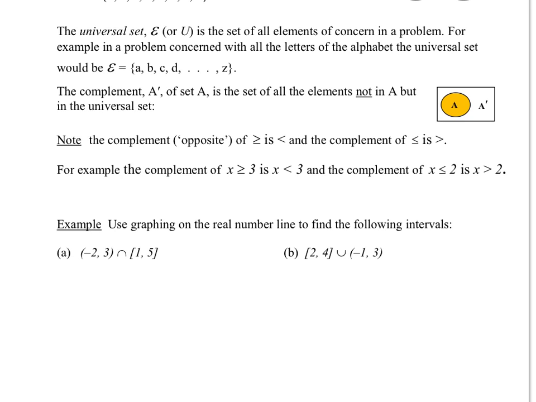So if you're thinking about letters of the alphabet, it could be A, B, C, D, E, F, G, all the way up to Z. Now the complement, which we denote with A and then a little dash, sometimes A with a little C, of set A, is the set of everything that's not in A. So if you look at this Venn diagram, you've got the universal set in this rectangle, you've got all the members of A in the orange piece, and then everything that's not inside this circle but inside the rectangle is the complement of A.